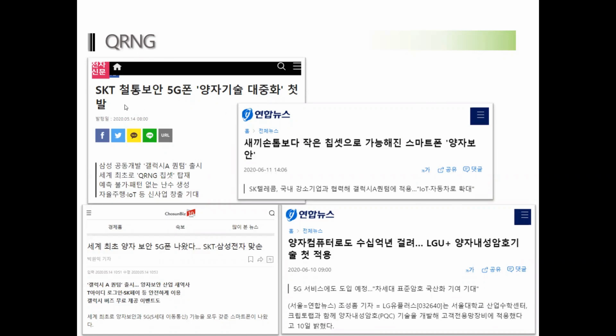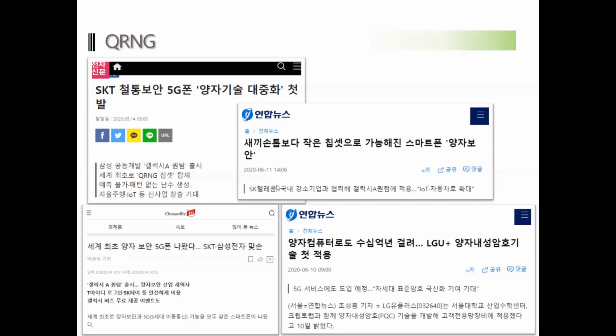Even nowadays you might hear that one of the Samsung Galaxy phones is named Galaxy Quantum, and you might wonder what kind of quantum technology is included in those smartphones. The technology used in the Galaxy Quantum phone is QRNG, and all these news articles are basically talking about QRNG technology.